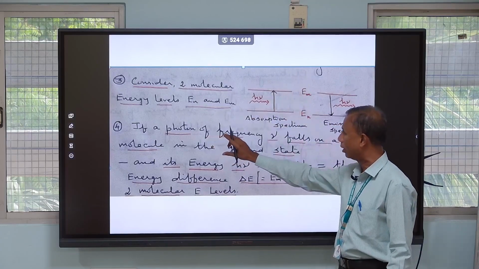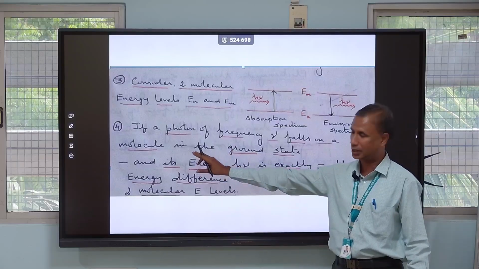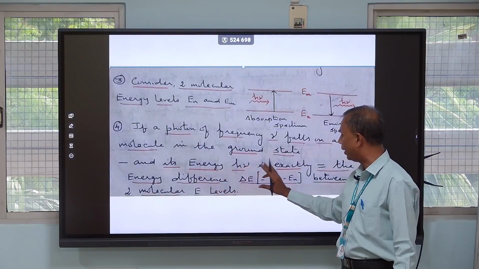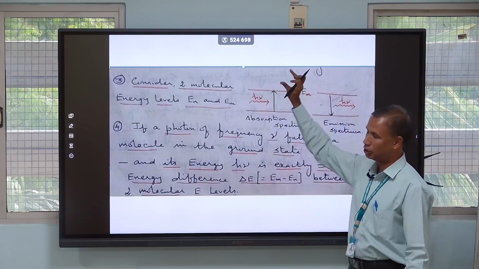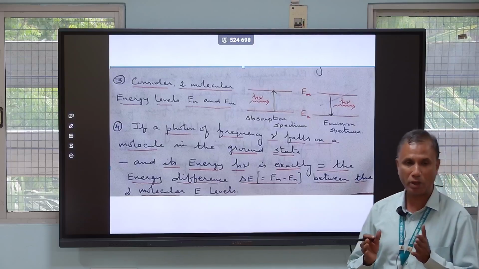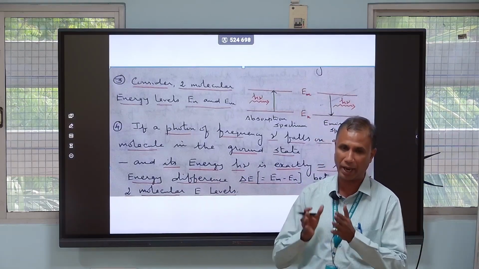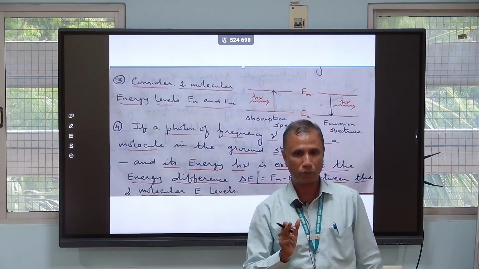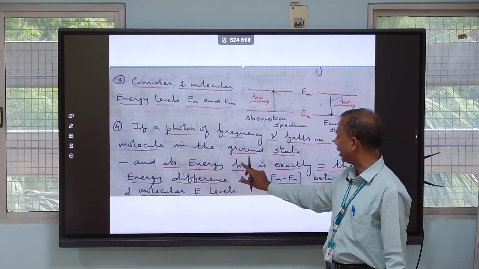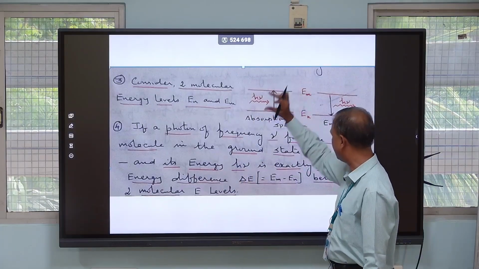If a photon of frequency nu falls on a molecular system in the ground state, and its energy h nu exactly matches the energy difference, this is the main condition. If you want to promote a molecule from the ground state to the excited state, it should satisfy this condition: the energy h nu exactly matches the energy difference between these energy levels.